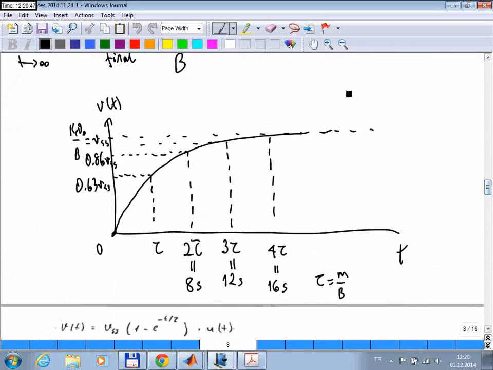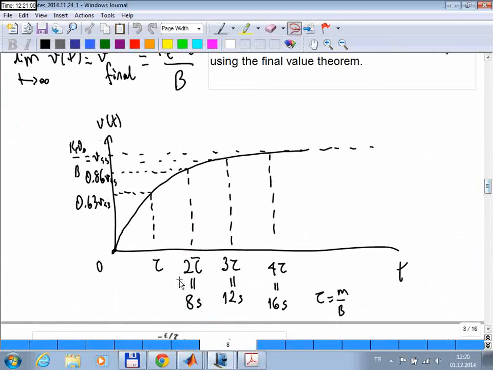When we obtained the unit step or step input response of the system, I showed you this result, and the transient response was plotted in terms of time constant, right? So we define the time constant, and this time constant determines how fast the system moves.